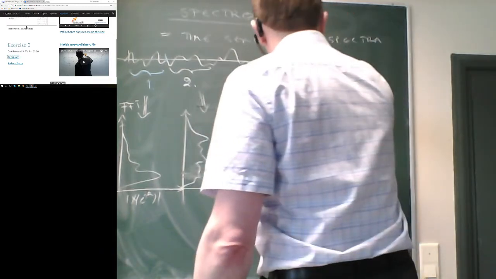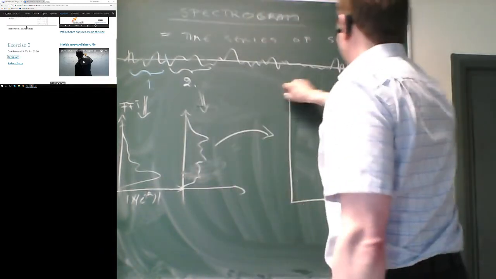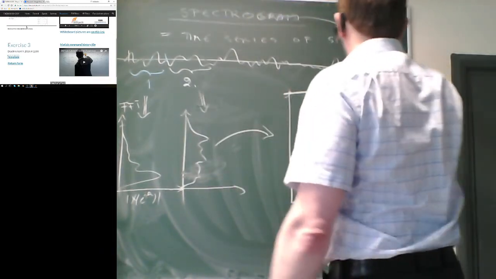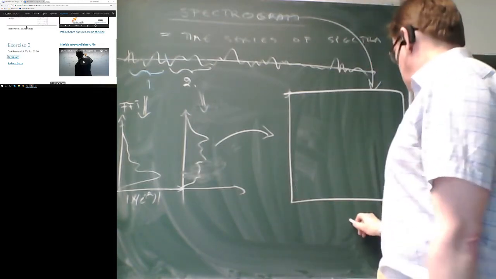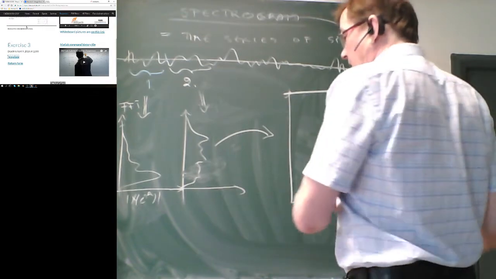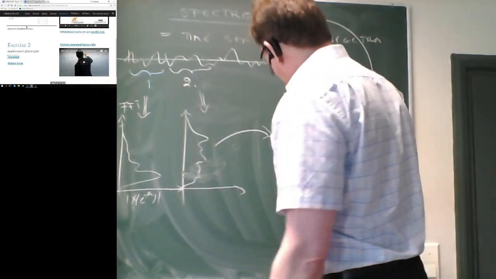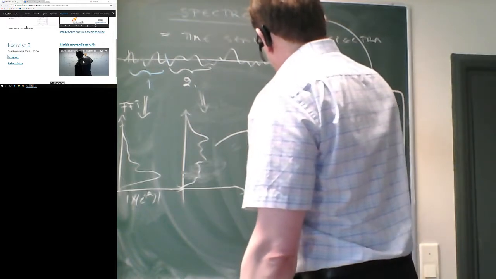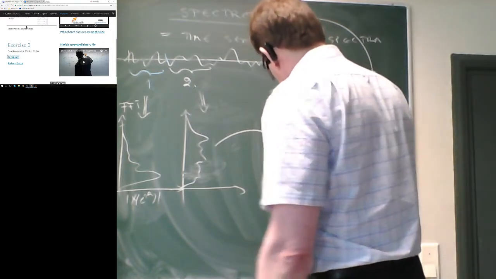Then we take this time series and compress it to one picture. The spectrogram is this picture, where we have time going from left to right, as usual, and frequencies from 0 to the Nyquist rate right here.